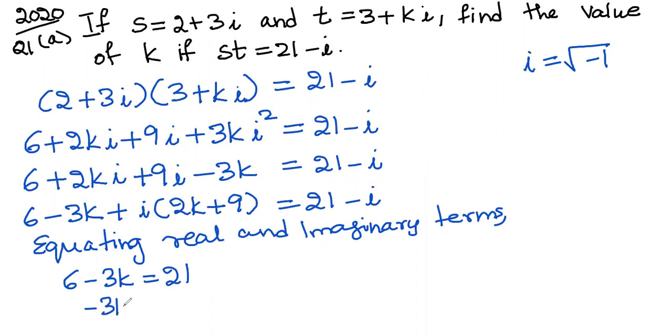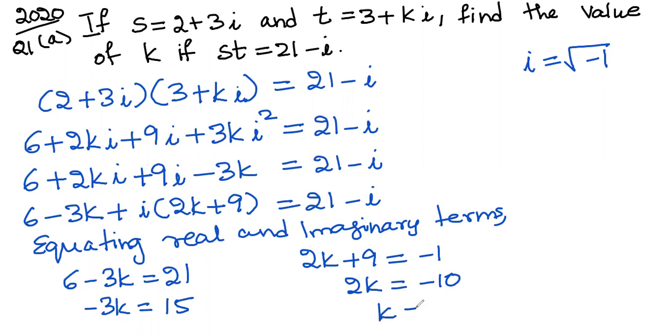Minus 3k equal to 15. Over here we get 2k plus 9 equal to minus 1, or we have 2k equal to negative 10. So k is negative 5. Over here also we get k equal to negative 5.